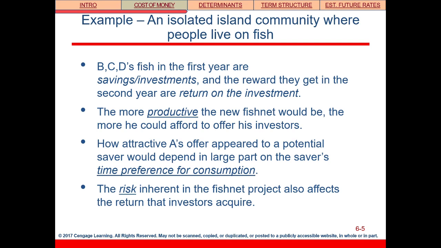And how attractive A's offer appears to a potential saver would also depend in large part on the saver's time preference for consumption. What does it mean? It means that, let's say, B is a young man who doesn't have a family, a single man.